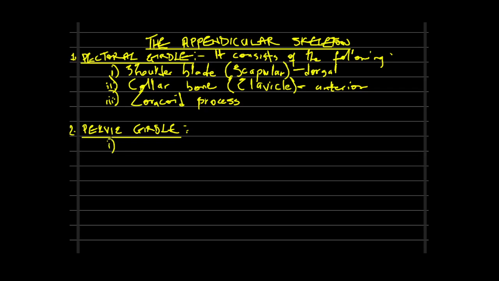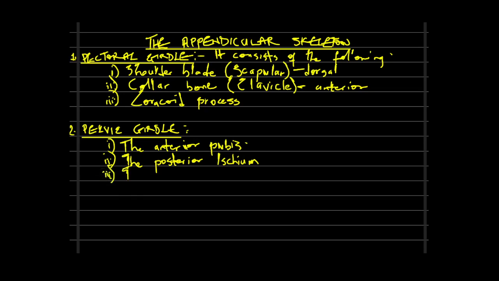We have the anterior pubis. Two, we have the posterior ischium.